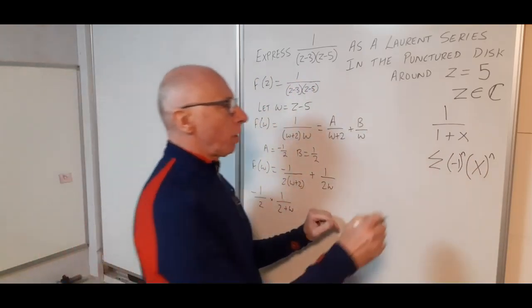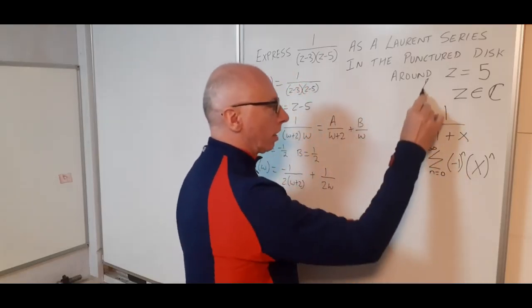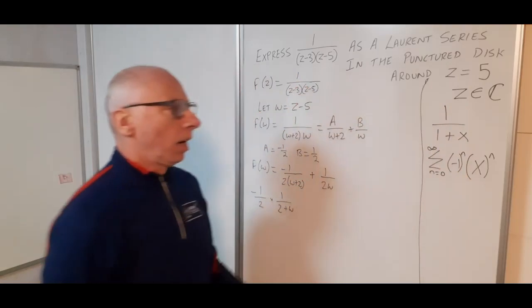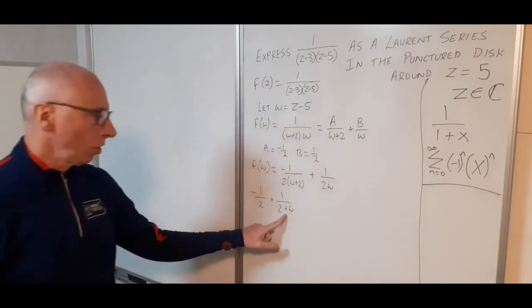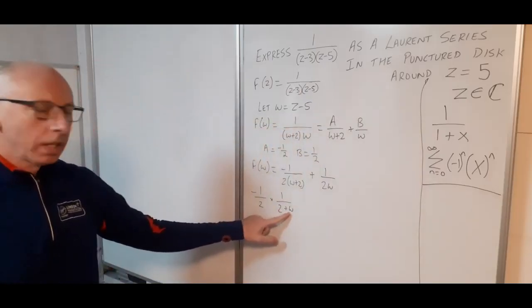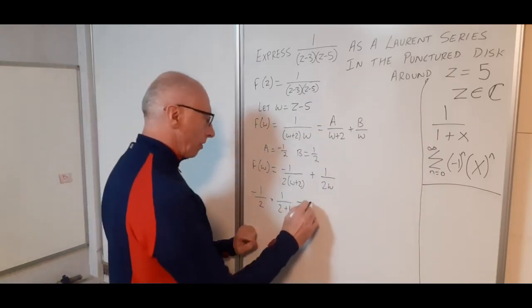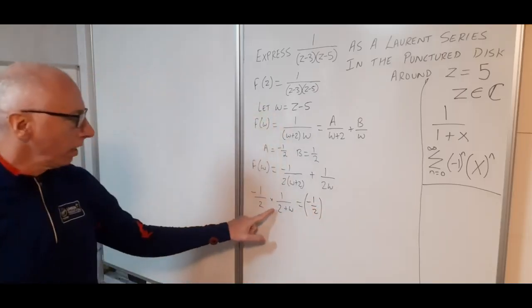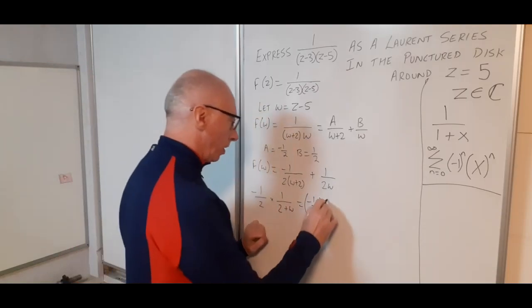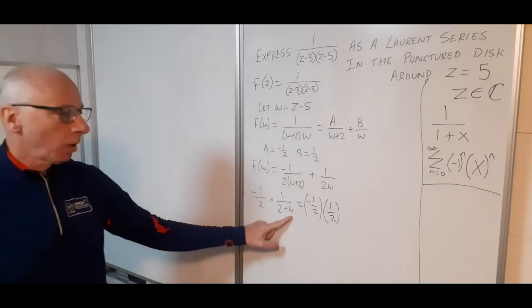So here that runs from n equals 0 to infinity. Okay, now here I've got 2 plus w. Now I want to factor out another half. So let's factor out 1 over 2. Put that in brackets as it's multiplied. Factor out a half. And then that's going to leave me 1 plus w over 2.